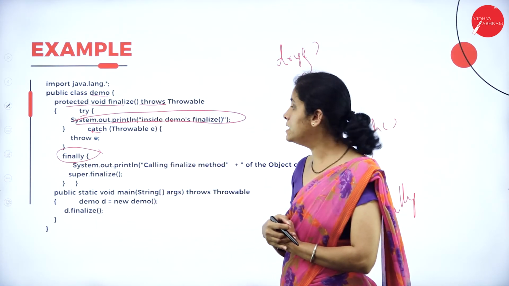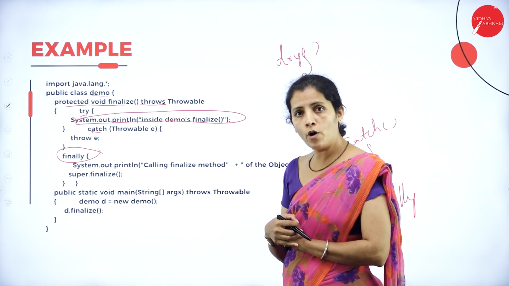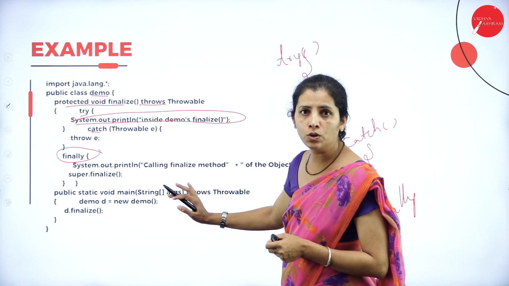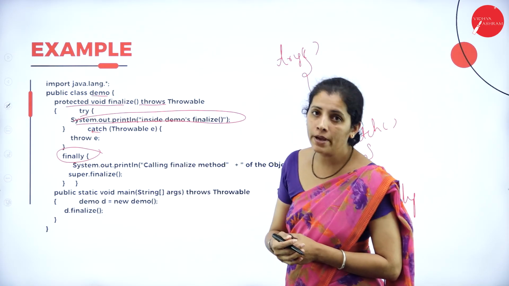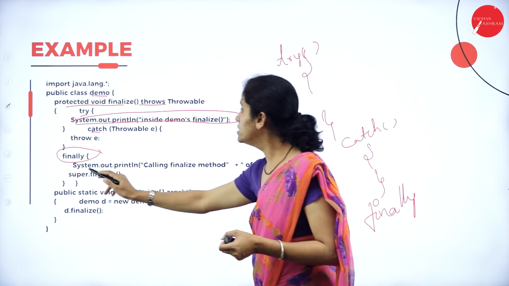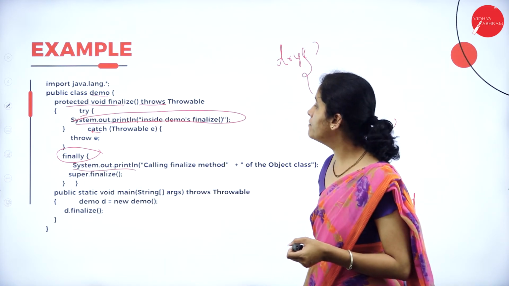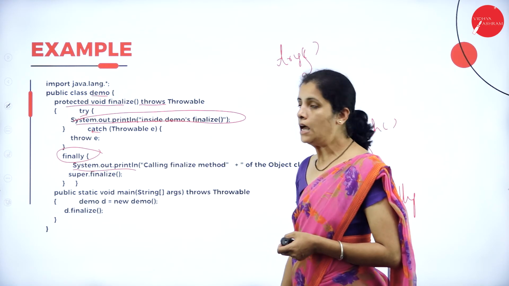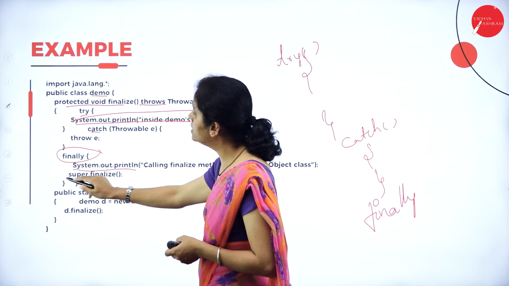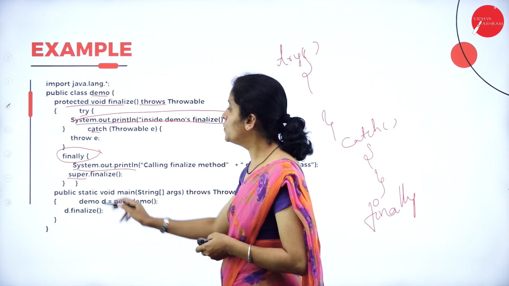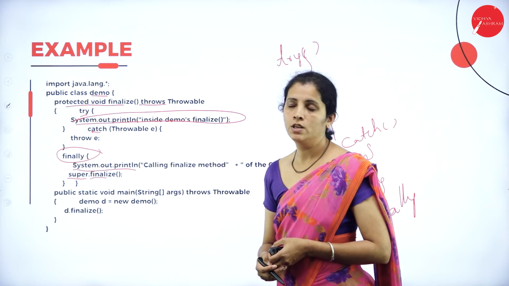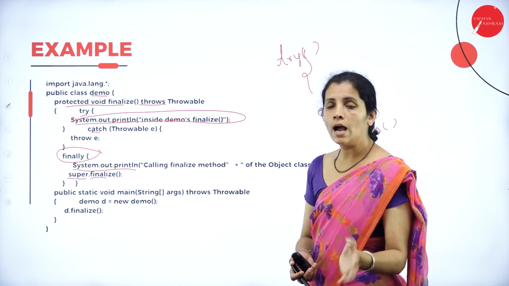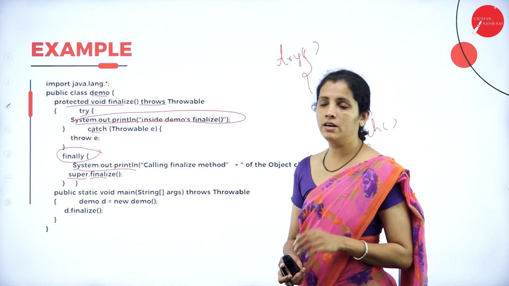This finally block is responsible for performing all the cleanup procedure, and it is going to handle garbage collection. Inside this I have the statement calling the finalize method. Now, see here, I am going to call the super keyword with finalize. So, to invoke the finalize method, I am going to use this super keyword.